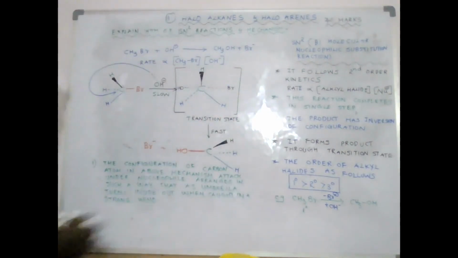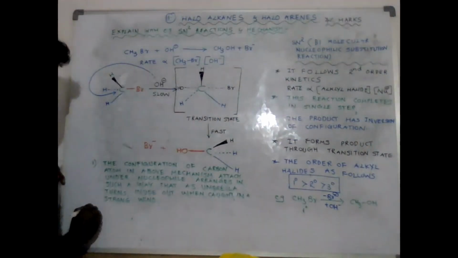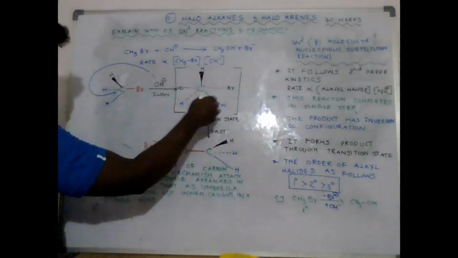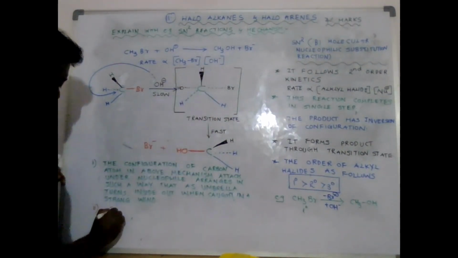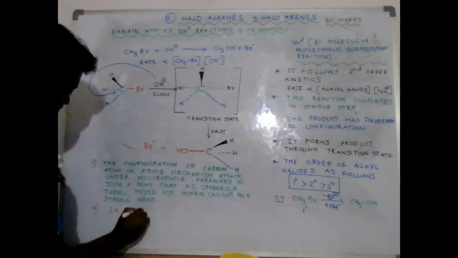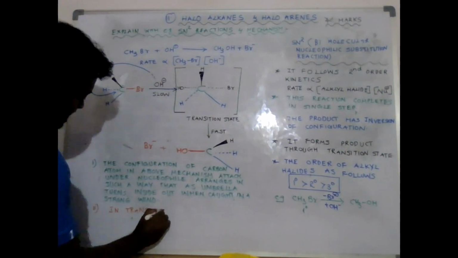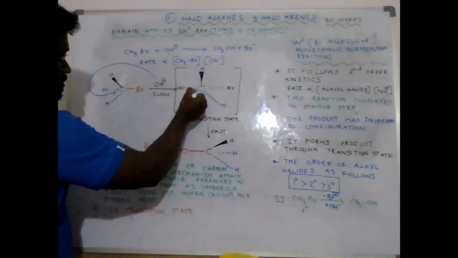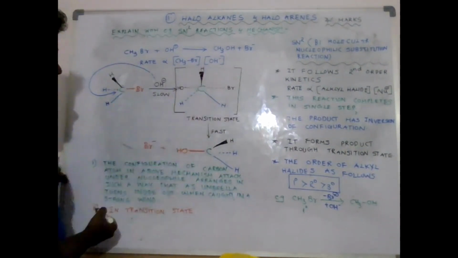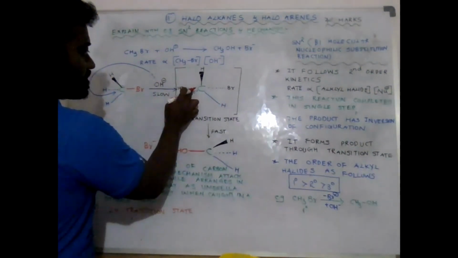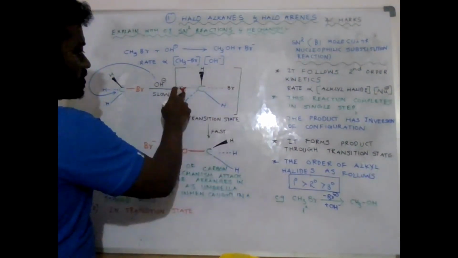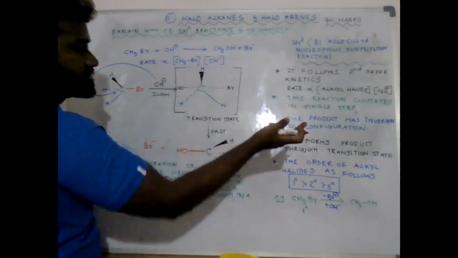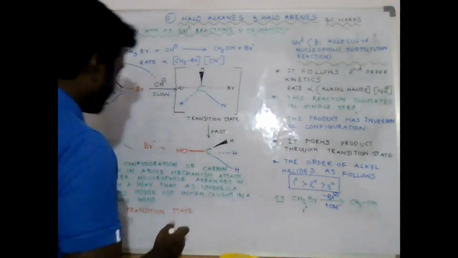One more point we will write and we can close this, right? The second and last point is about the transition state. In the transition state, this is OH minus, this is Br minus. This is called the incoming group, this is called the leaving group. Both of them are bonding simultaneously. That is called the transition state, right?